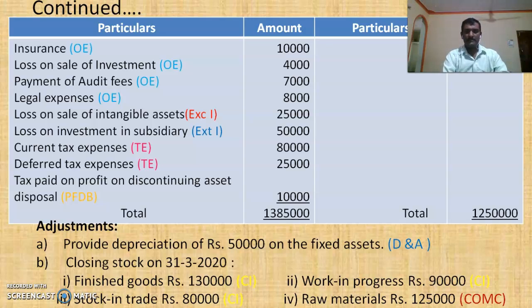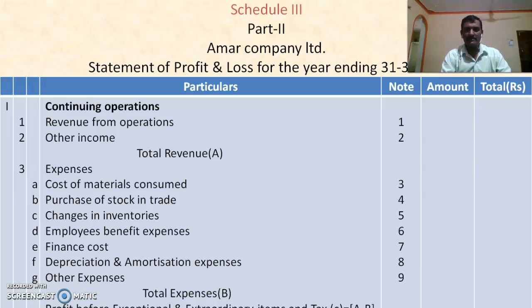Dear students, before taking a glance at the items given in the problem, first of all you should prepare a format as prescribed by the Companies Act 2013, and that format is like this.